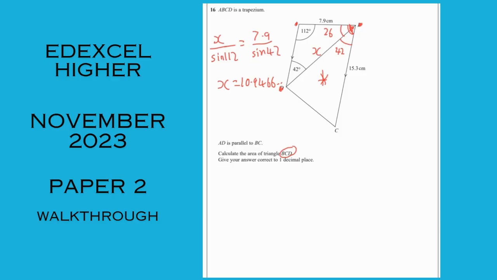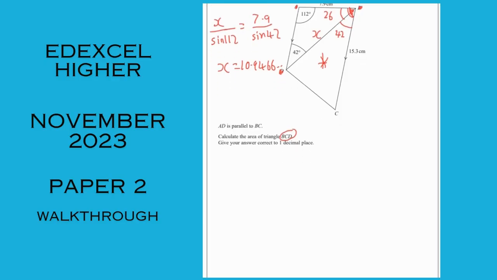So now we know how big X is. We can say that the area formula is in the formula sheet. It's a half times the sine of 42 multiplied by the two sides which I split by the angle, so the 15.3 and the 10.9-ish.